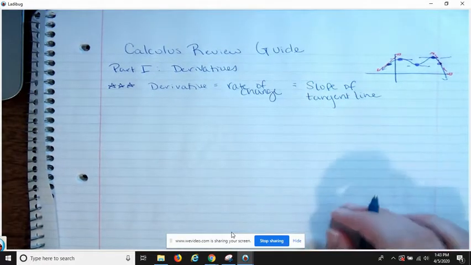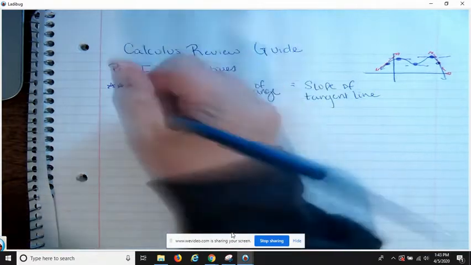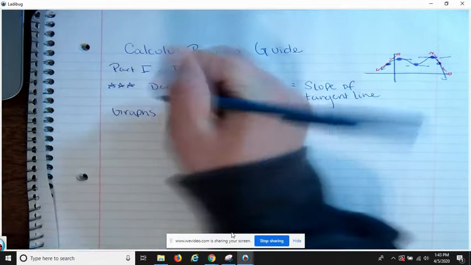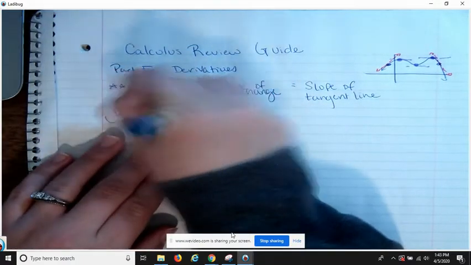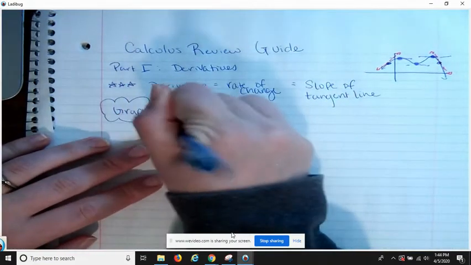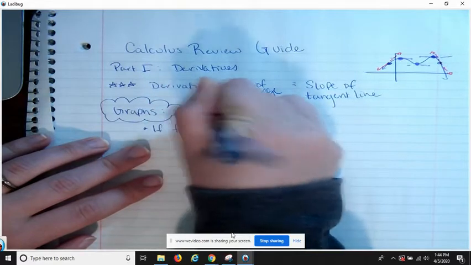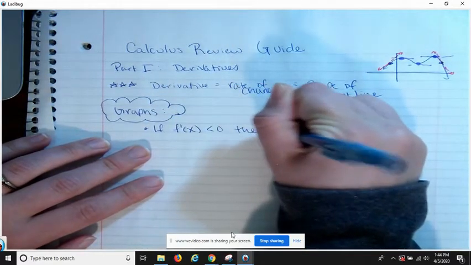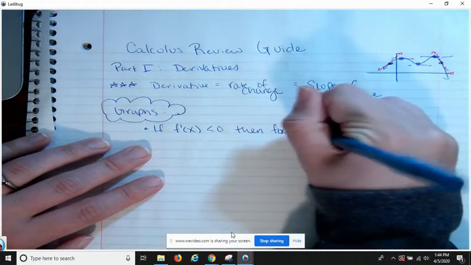Okay, so graphs. Let's talk about graphs and how these derivatives apply. Okay, so remember, if f prime of x is less than 0, then our f of x is decreasing.